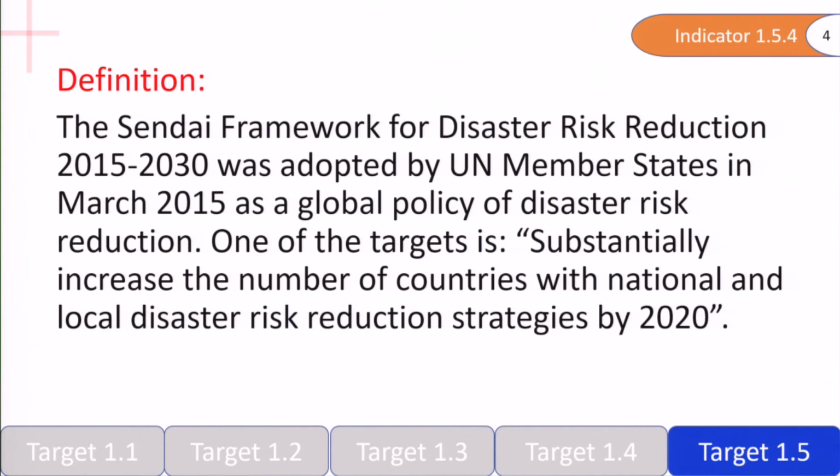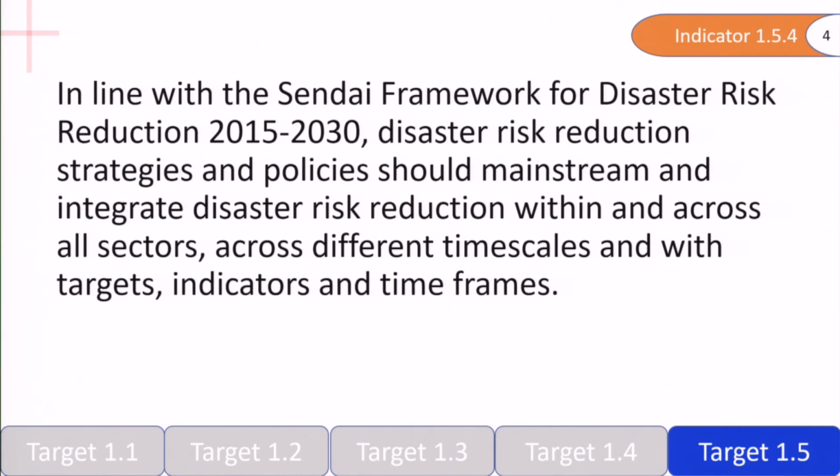So, what is the percentage to which local governments implement risk reduction strategies in line with the national strategies? Again, the Sendai Framework has given the whole framework of what is expected. One of the targets is to substantially increase the number of countries with national and local disaster risk strategies in place, and based on that the indicator has been framed.